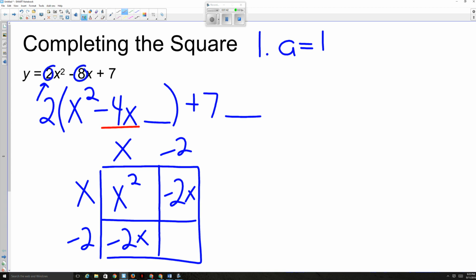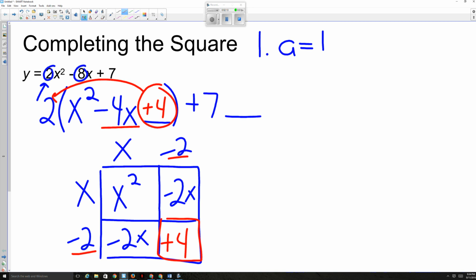Well, what I need to do is figure out what part would fit here to complete the square. I don't have that part right here. That's what I need to figure out. Well, notice that -2 times -2 is +4. So I have to put a +4 here. Okay, but if I have a +4 there, that's really +4 times 2.